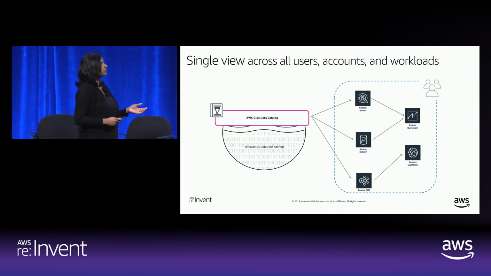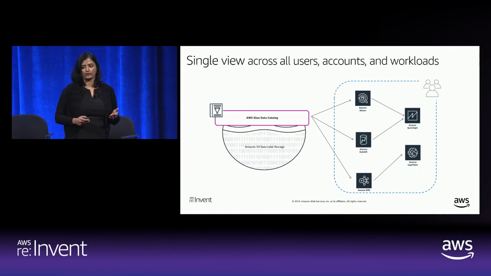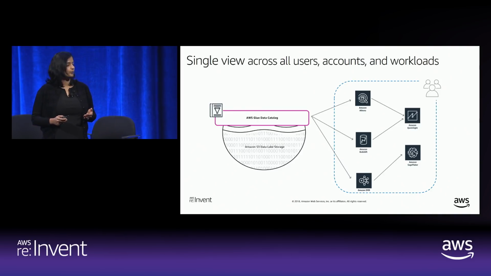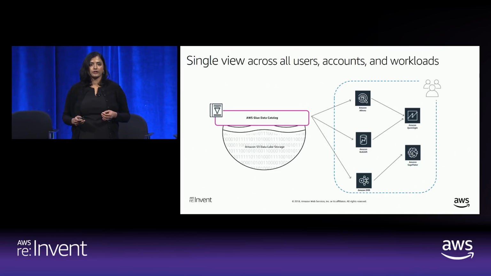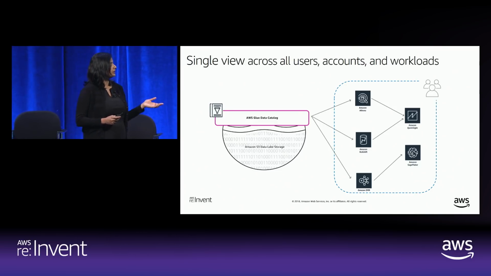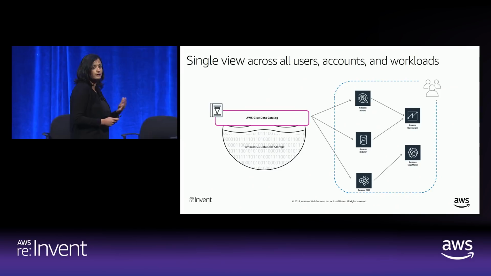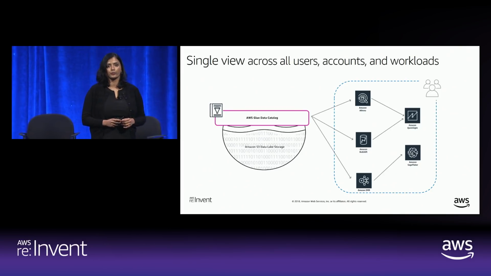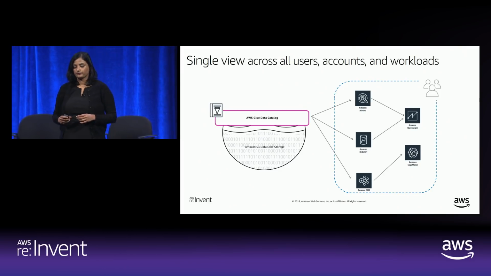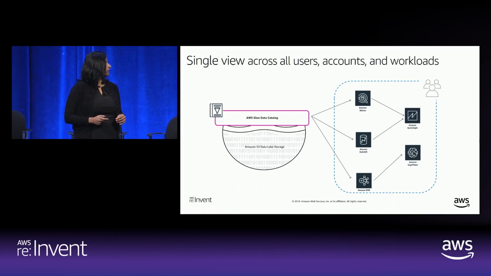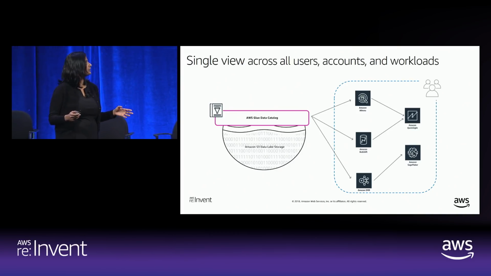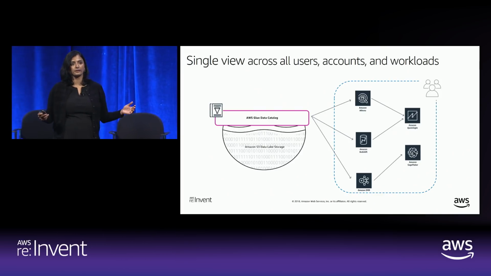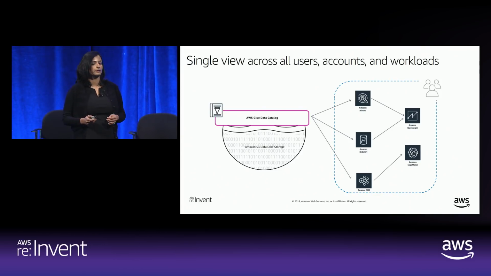You can also choose to use the Glue Data Catalog as a metastore with Amazon Redshift Spectrum. And you can use the Glue Data Catalog as a replacement for your external Hive metastore with Amazon EMR. With the cross-account access, you can make the same view into your data available across multiple different AWS accounts and multiple different AWS users.